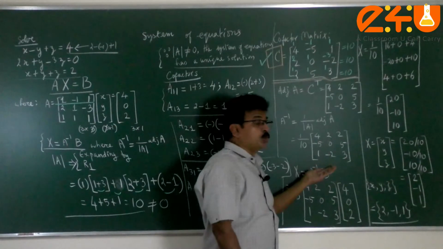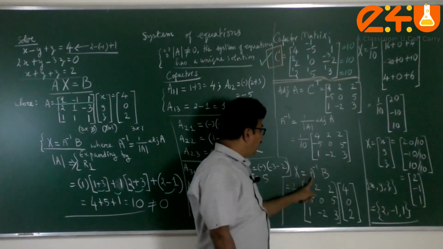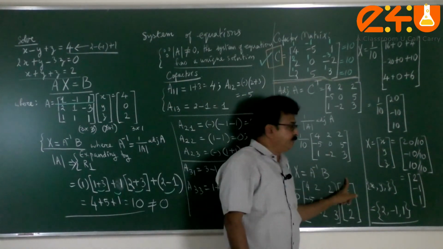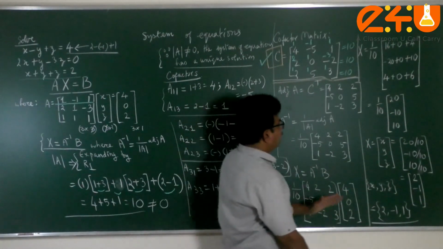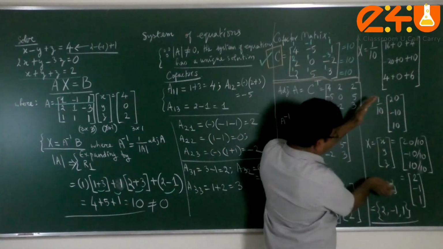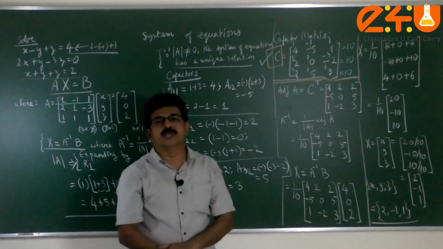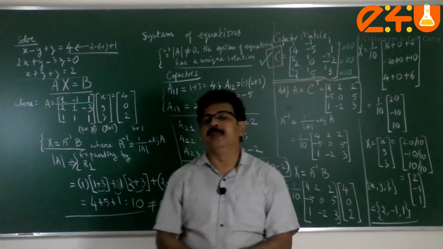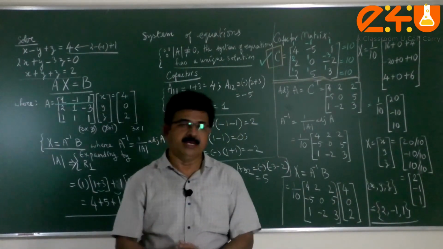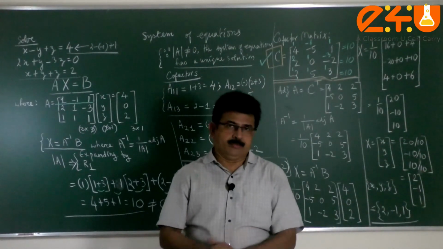The fault has to lie after A inverse times B. So fault finding is reduced to these 1 or 2 steps here. So students, you will definitely find this process a boon.